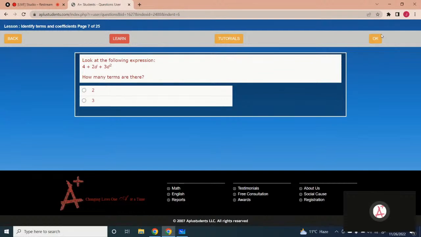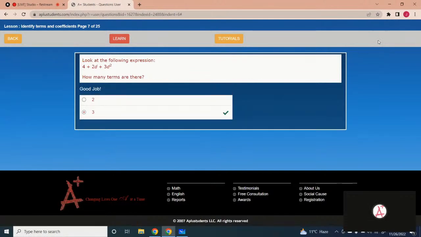How many terms are there? You have three terms here. Got it? 4, 2d and 3d squared. They all are terms. So select the correct option and click on the OK button.